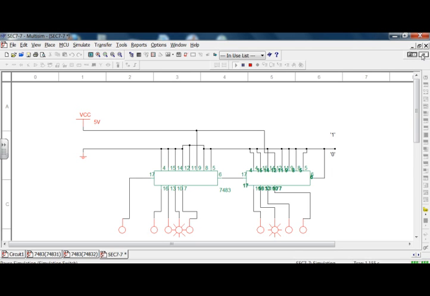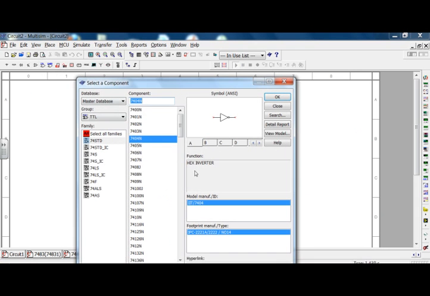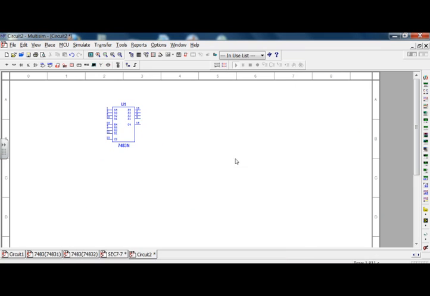Why don't we just do it differently? Why don't we go get a TTL chip, which is a 7483, and get another one that's a 7483.